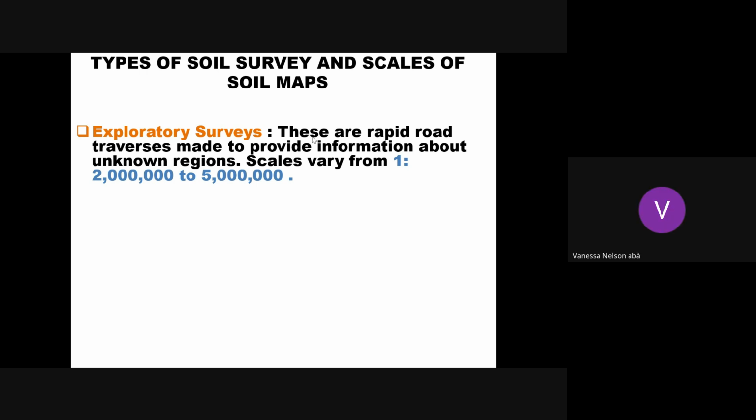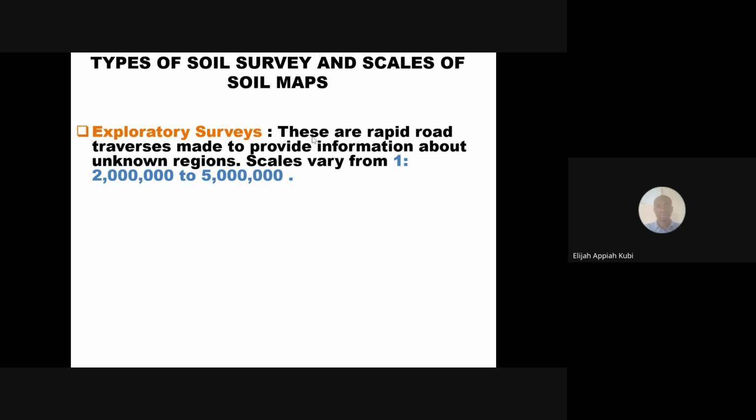So when you see 1 centimeter on the paper, on the ground it represents 2 million. Okay, 2 million of what?